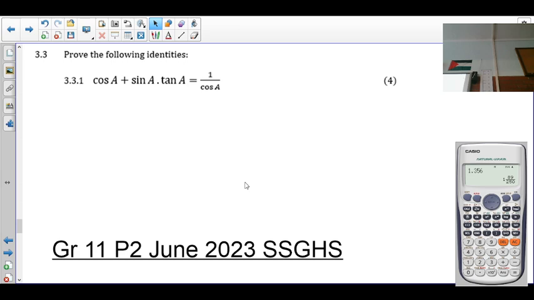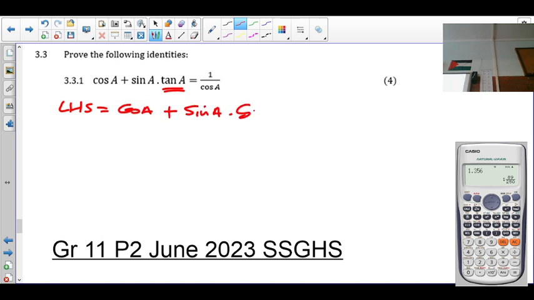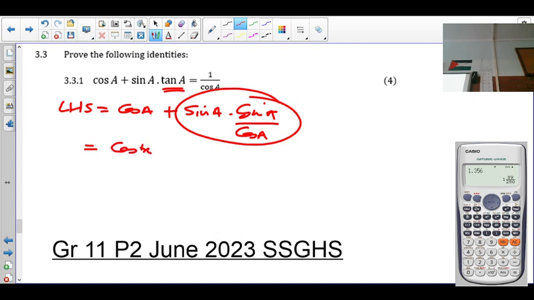To prove this identity, we work on the left hand side and the right hand side stored here. On the left hand side we'll change tan. Tan can be written as sine A over cos A. Okay, people, this can be rewritten as cos of A plus sine A times sine A, which is sine squared A, over cos of A.